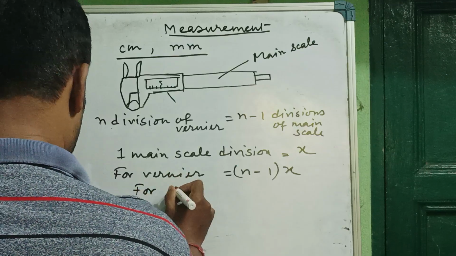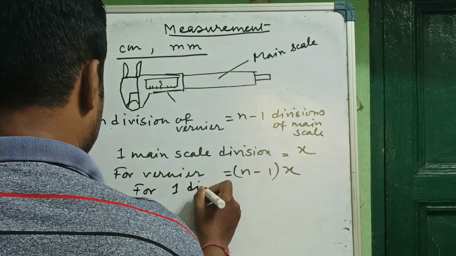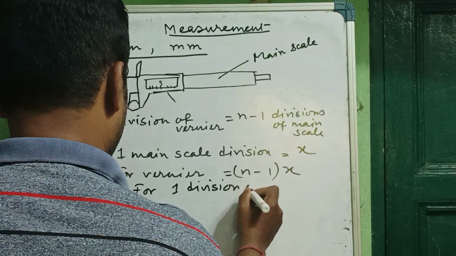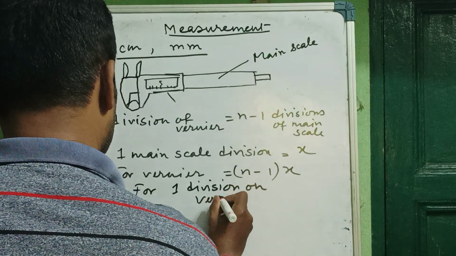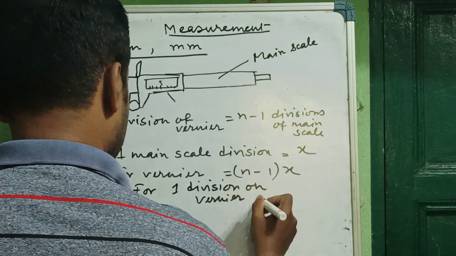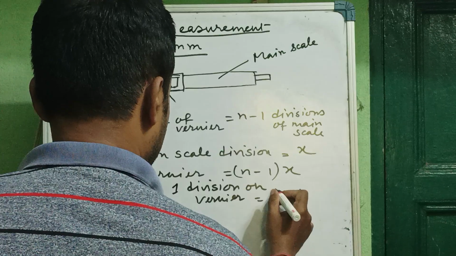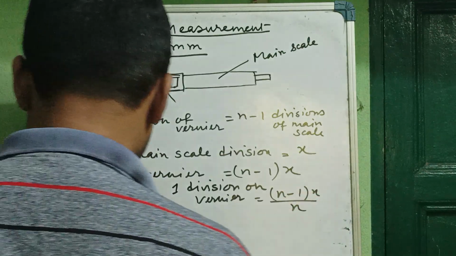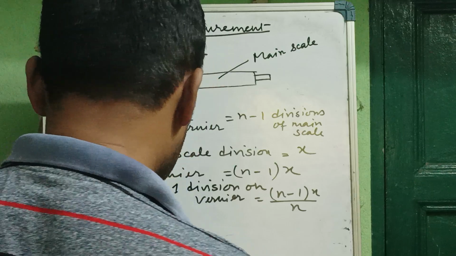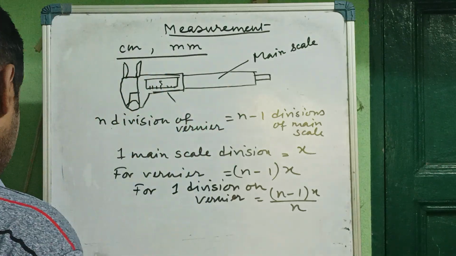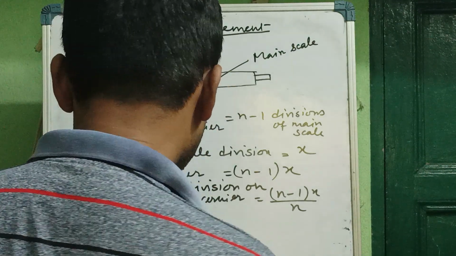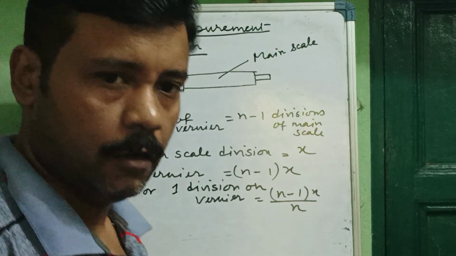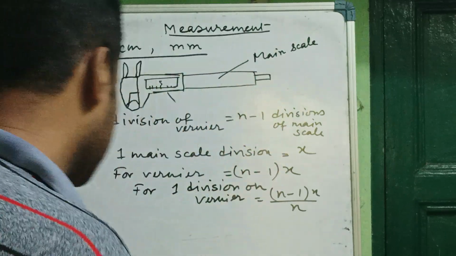For one division on the Vernier, that is n minus 1 x divided by n. N stands for the number of divisions.